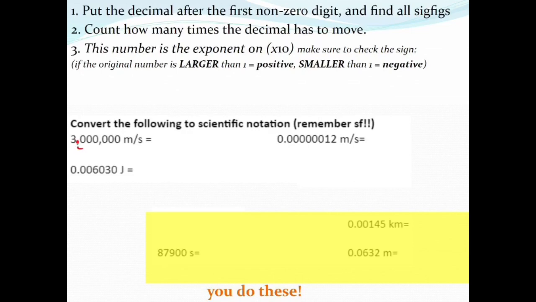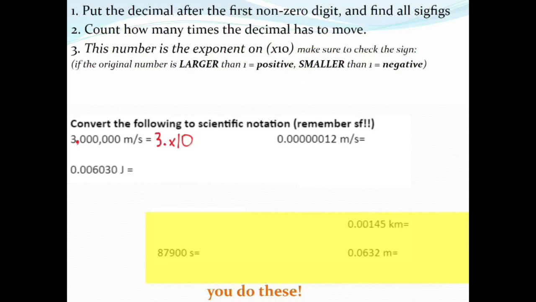And as I'm looking at the rest of these zeros, at least before I put a decimal there, those were trailing zeros. And with no decimal visible in that number, those are not significant figures. So the base for my scientific notation is just going to be 3. And then we can write the times 10 part because that's always going to be after our base. And then we're just trying to figure out what that exponent is.